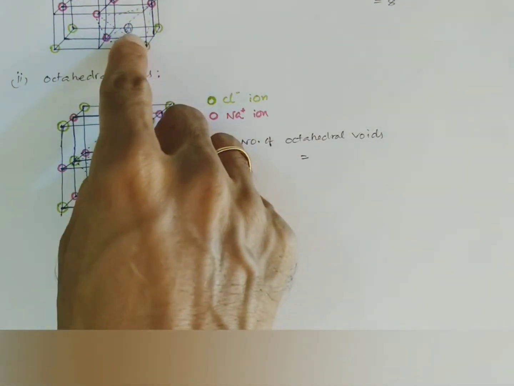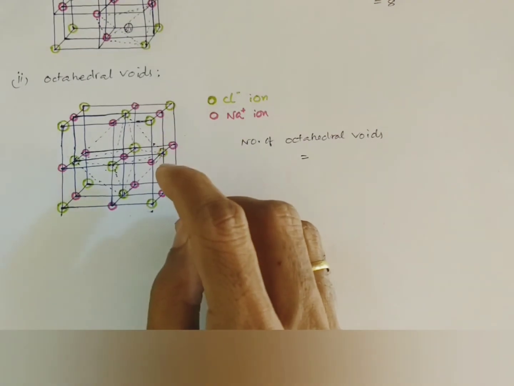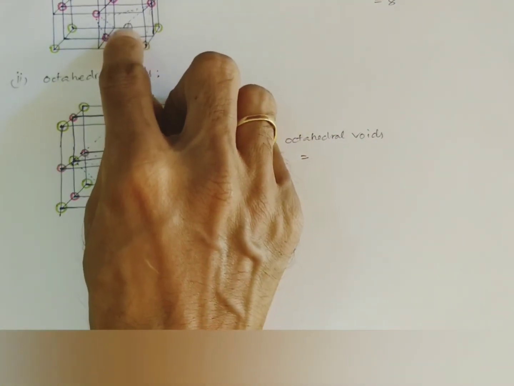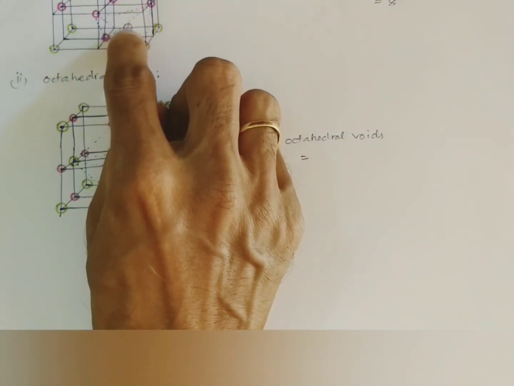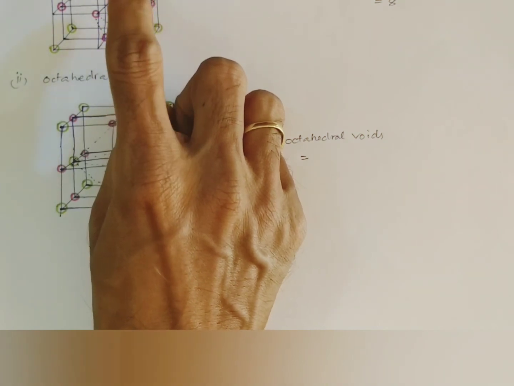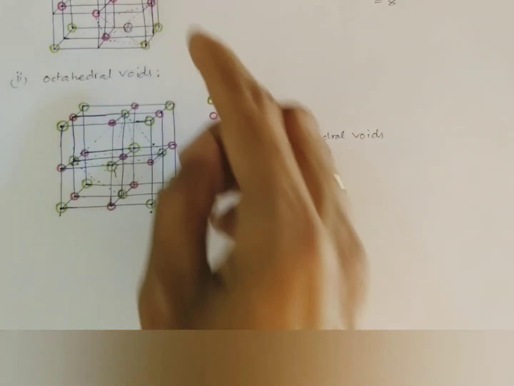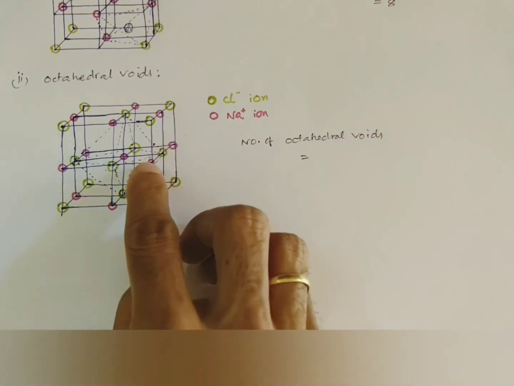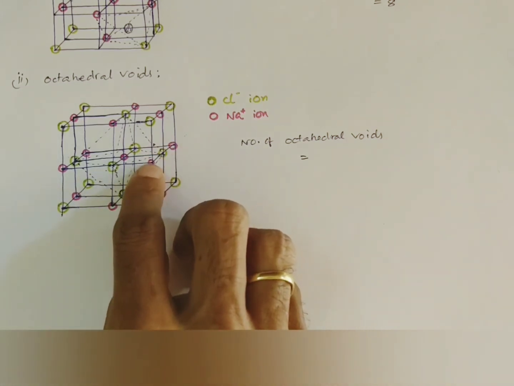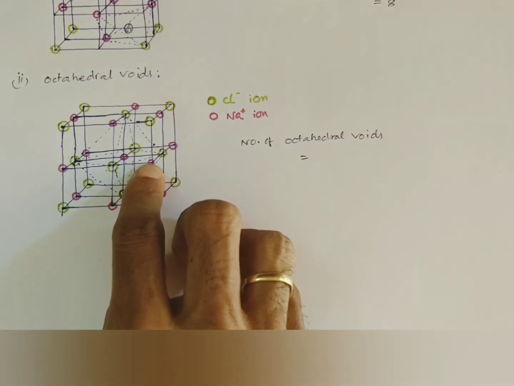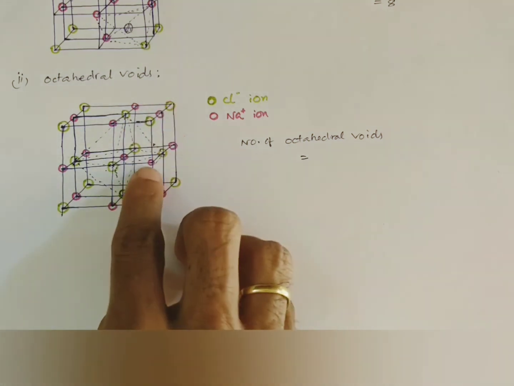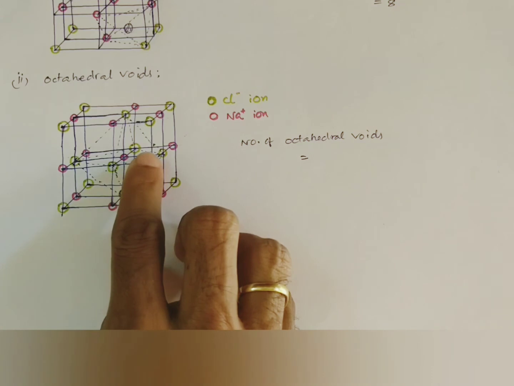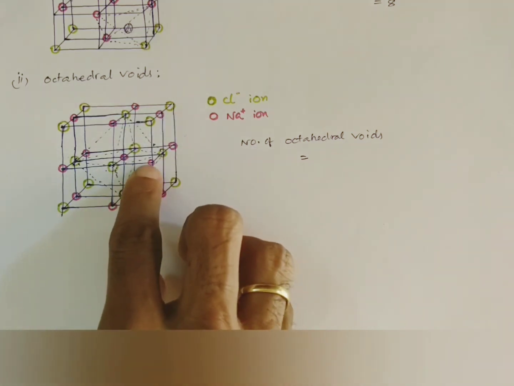Unlike tetrahedral voids, the octahedral voids are under sharing. This void in the body center is not shared by any other unit cell, and belongs only to this particular unit cell. Whereas the octahedral void that is present on the edge is shared by 4 unit cells, since an edge is shared by 4 unit cells.